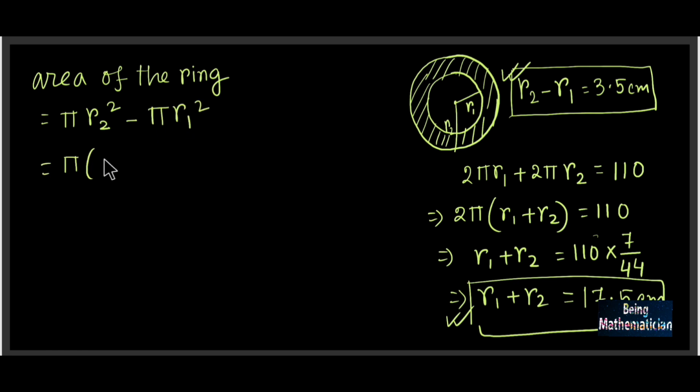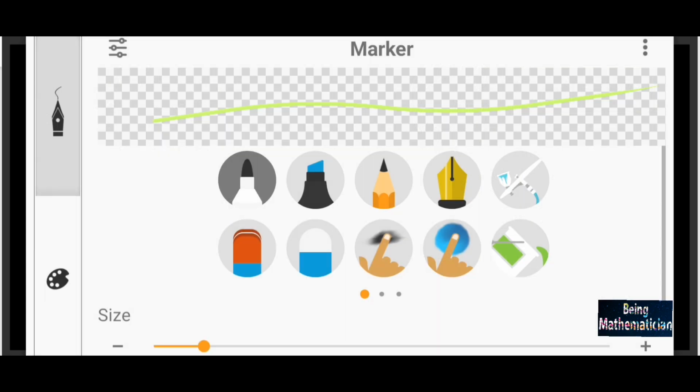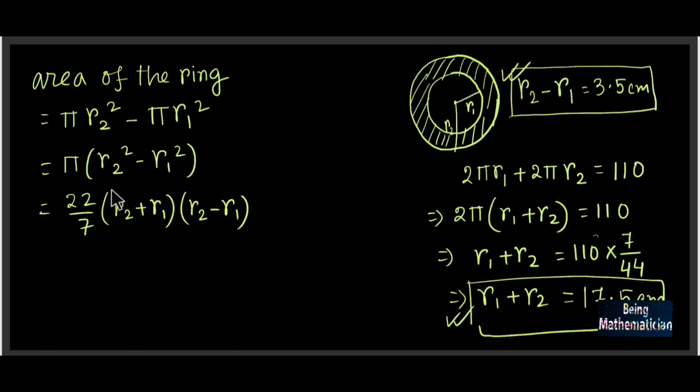So pi into r2 square minus r1 square, and pi is 22/7, and r2 square minus r1 square can be written as r2 plus r1 into r2 minus r1 by applying the formula of a square minus b square, which is a plus b into a minus b.